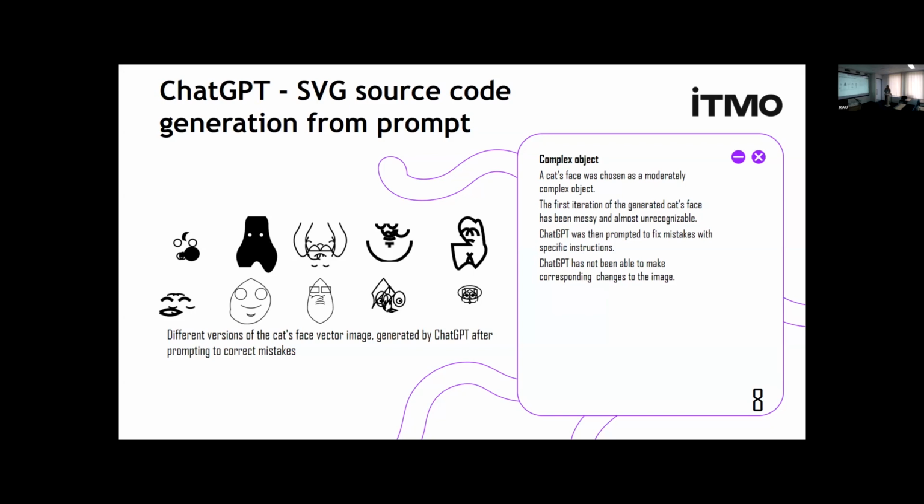Then ChatGPT was prompted to fix the mistakes with specific instructions, such as creating a closed shape around the face elements, moving face elements in different directions, etc. And here we can see that ChatGPT has not been able to make the corresponding changes to the image, rather generating different variations with a lot of differences.